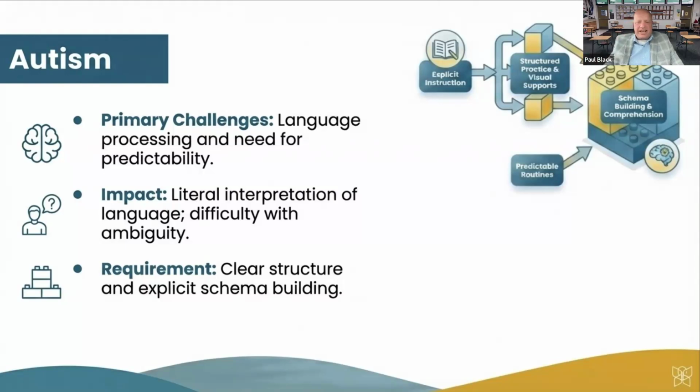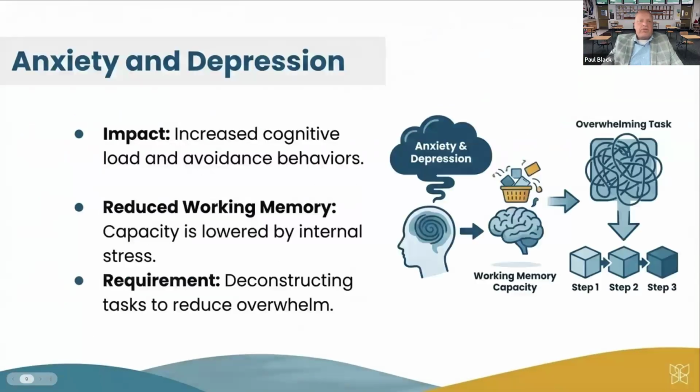Now, next slide, please, Alicia. Now, what does dyslexia, ADHD, autism all have in common at school? Significantly increased incidence of anxiety and depression.